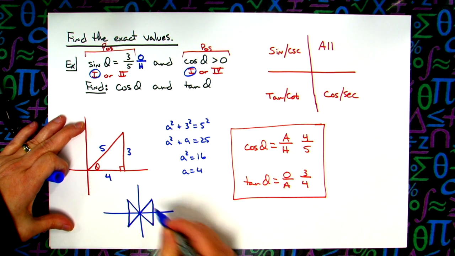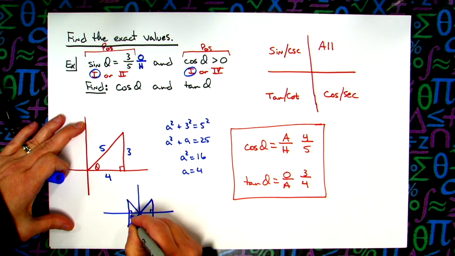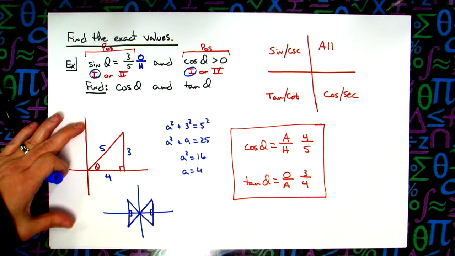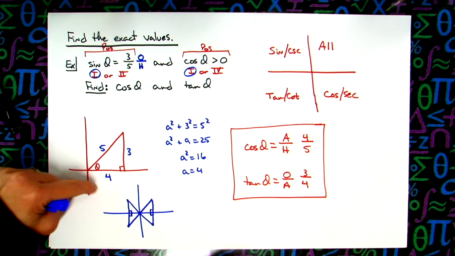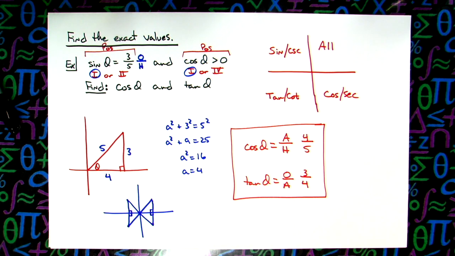That is a quick reference on how to draw those right triangles in each of the various quadrants. Then label all three sides, and you're back to right triangle trig, and you can find both of those values by just using the right triangle trig definitions. So that's one quick example of how you can apply all these different formulas and things that you're learning in trig to find some exact values.